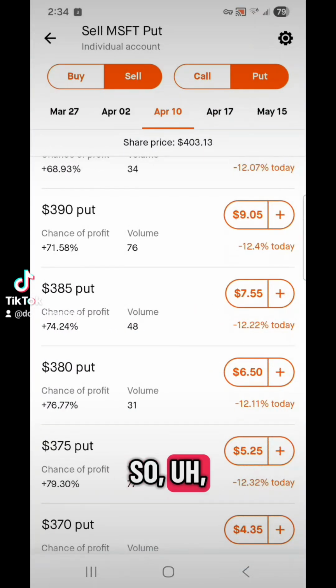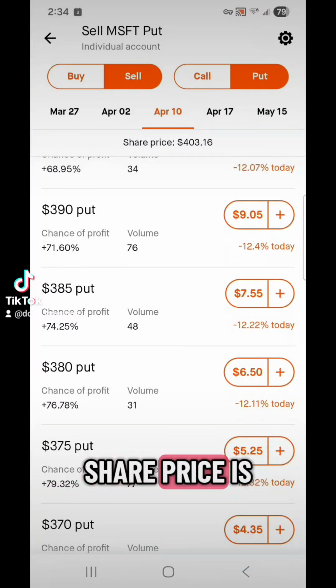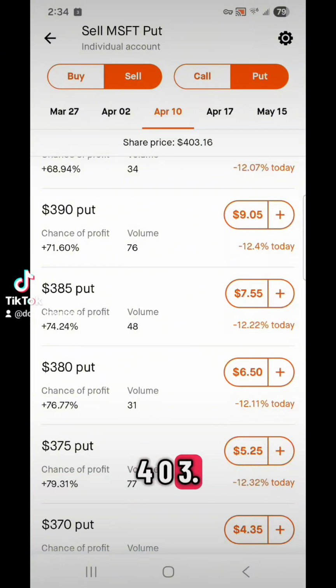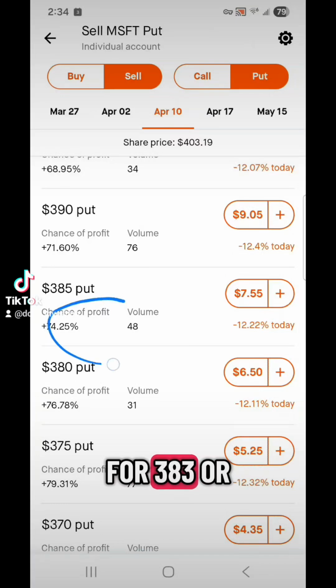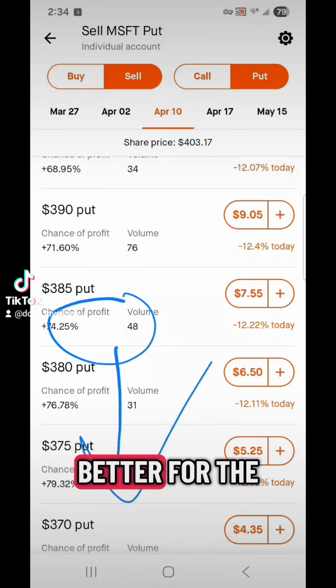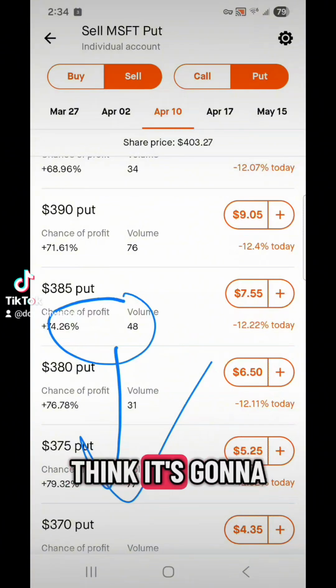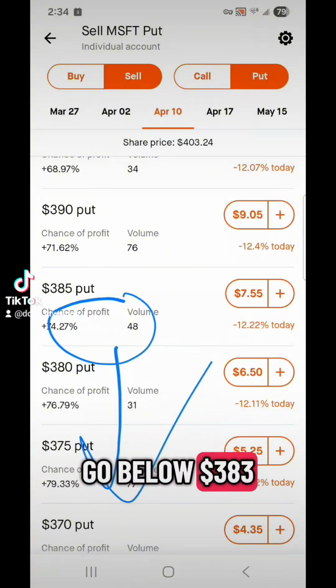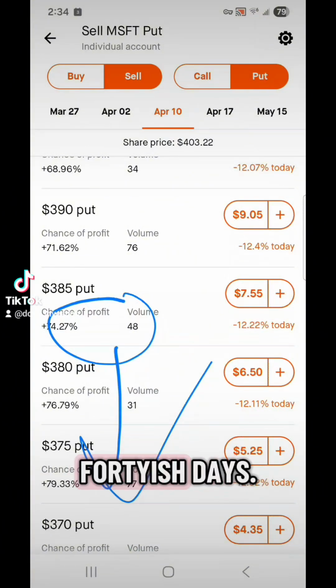So we identified, okay, share price is around 404, 403. We want to go for 383 or better for the strike price, saying we don't think it's going to go below $383 in the next 40-ish days.